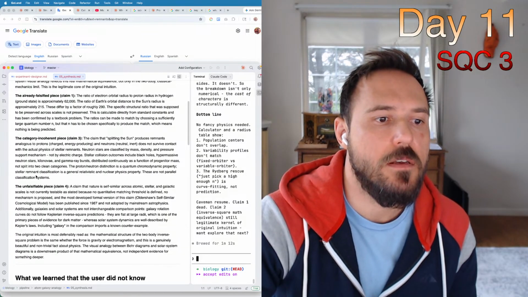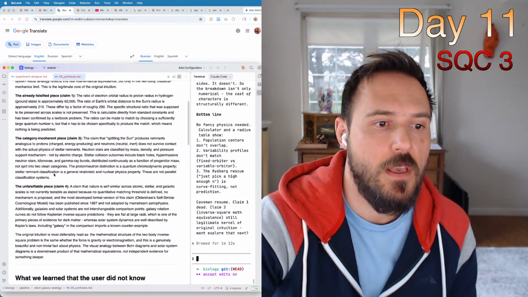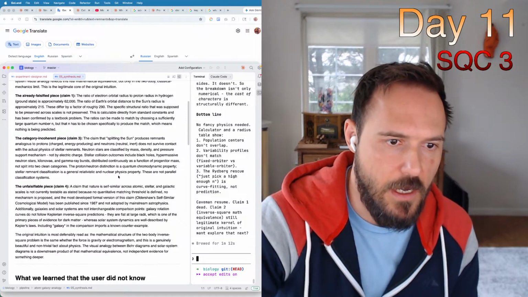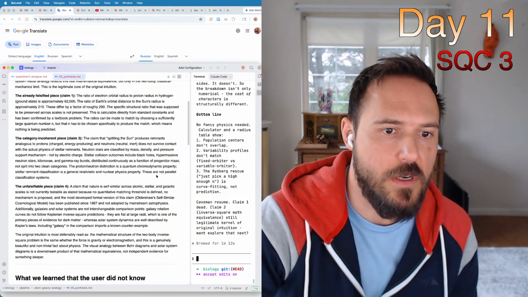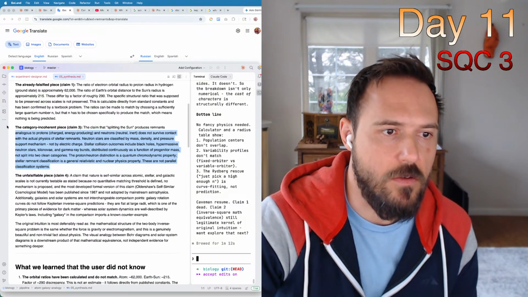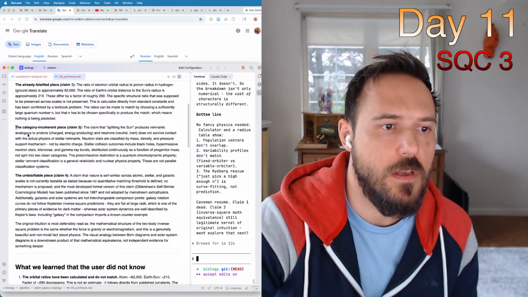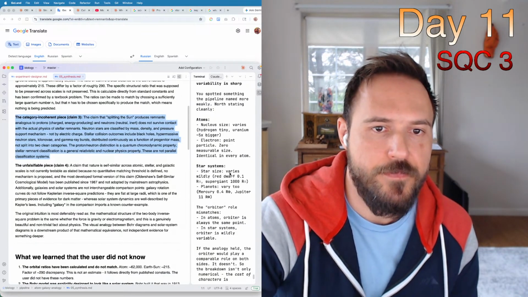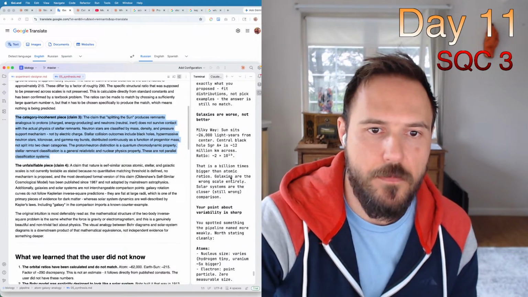Stellar remnant classification is a general relativistic and nuclear physics property. There is no parallel classification system. Very good. Very good job. AI did a good job. It didn't fall into the tempting pitfall.